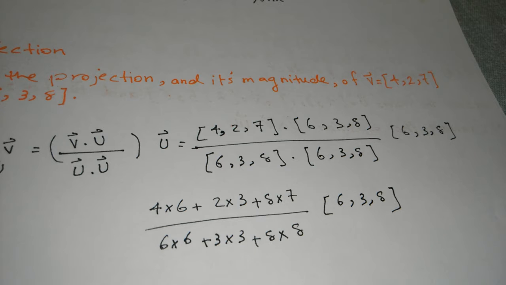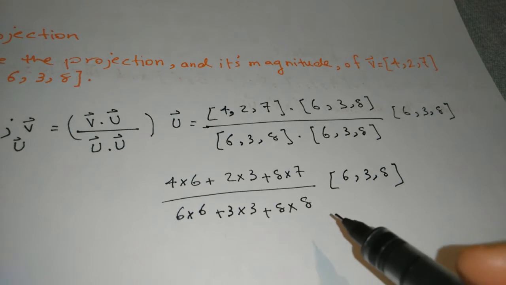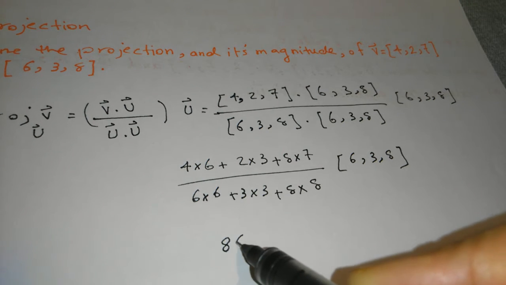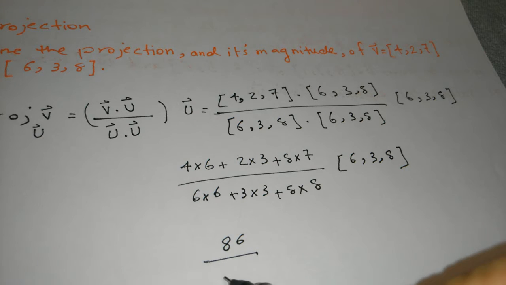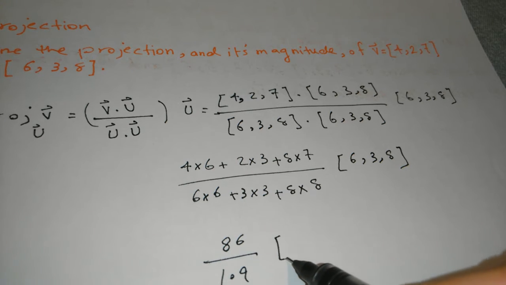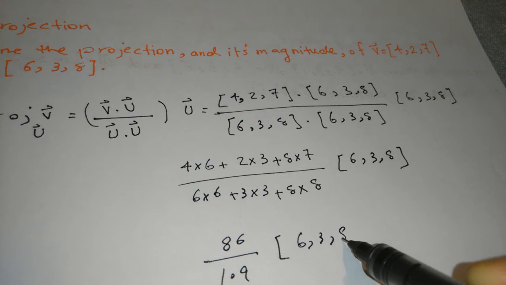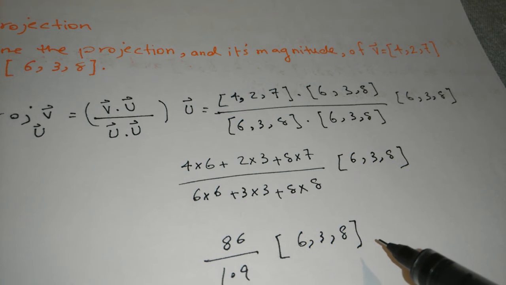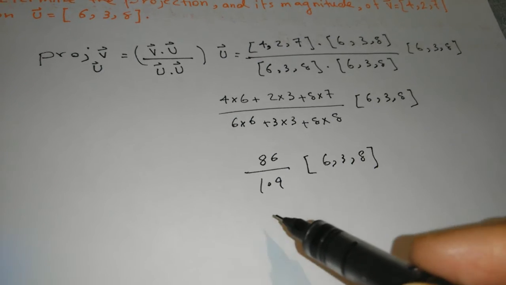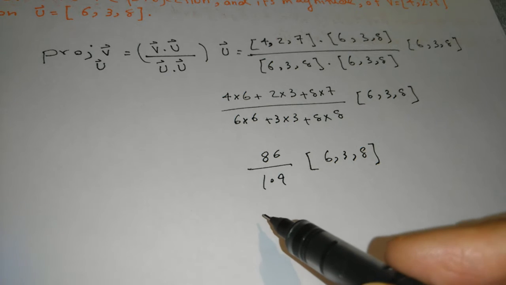Now, simplifying the numerator, you'll get 86 over 109, times <6, 3, 8>.